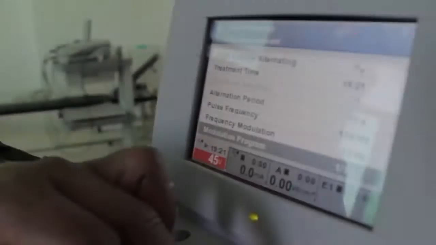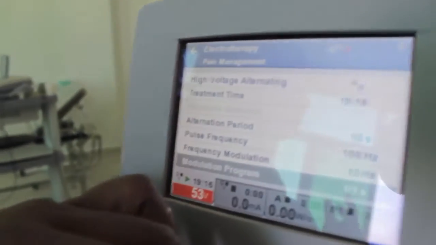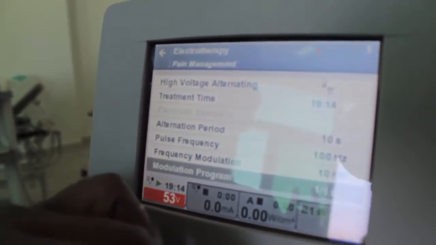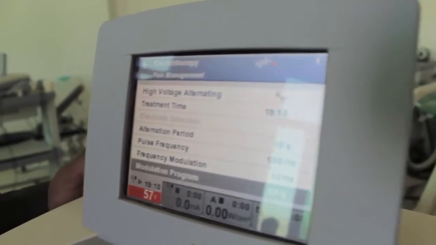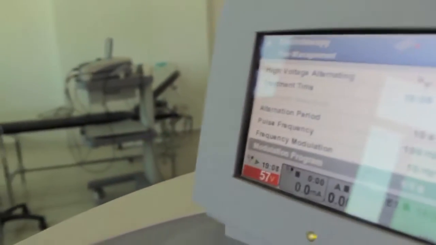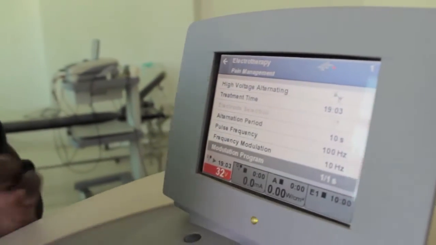Yes. When you increase the current, more. Decrease. Yes. Okay.